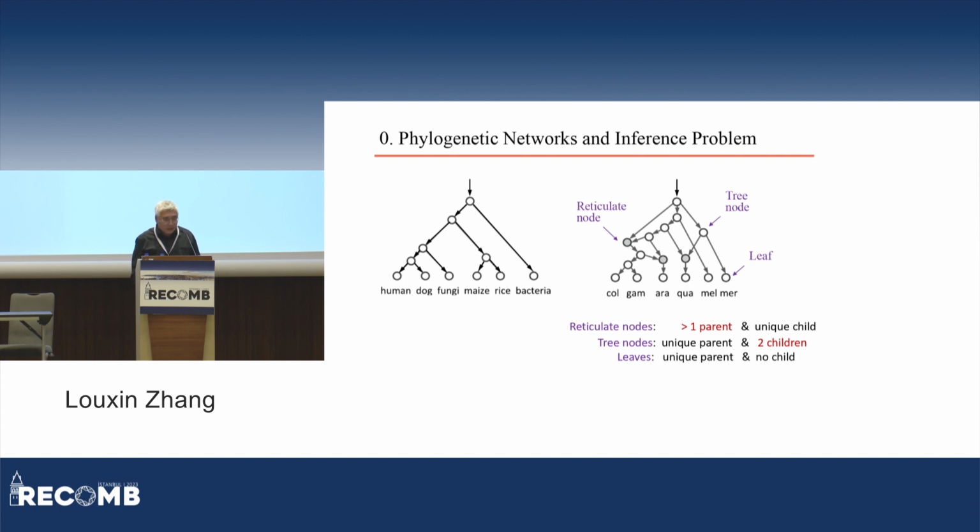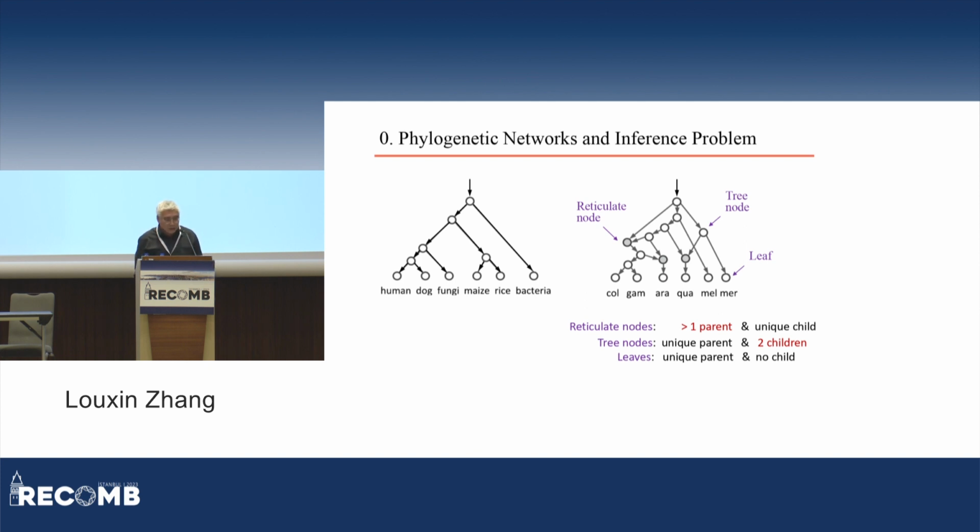Therefore, the network model is being used more and more in the past 20 years. In a network model, the tree node represents a speciation event. The reticulation node represents recombination, hybridization, and other reticulate events.